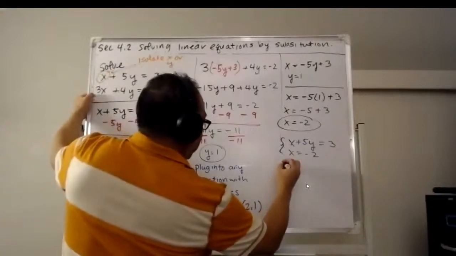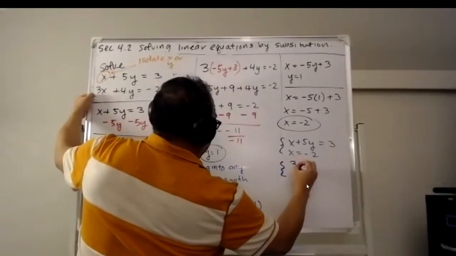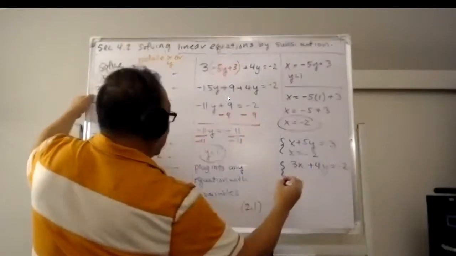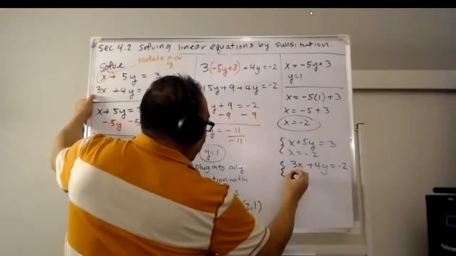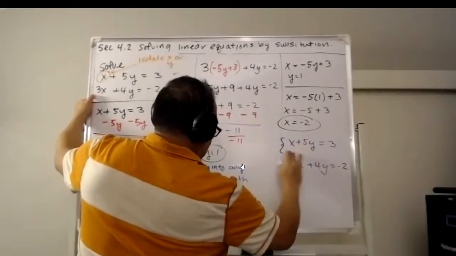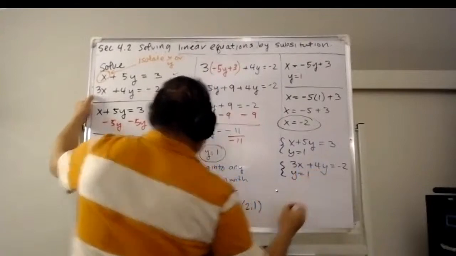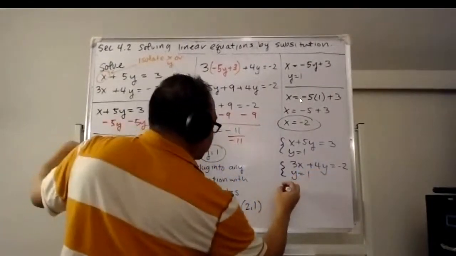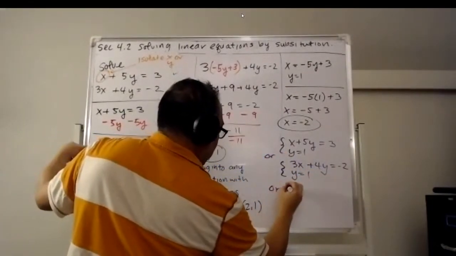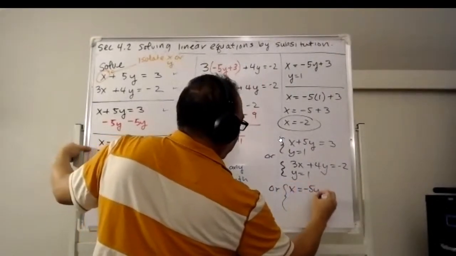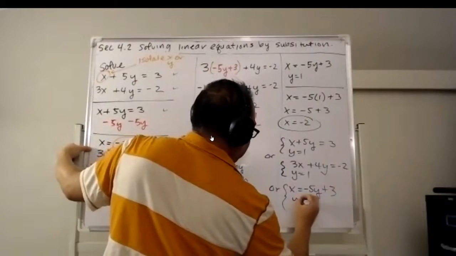Or I can solve 3x plus 4y is equal to negative 2, y is equal to 1. Or I can solve x is equal to minus 5y plus 3, y is equal to 1.